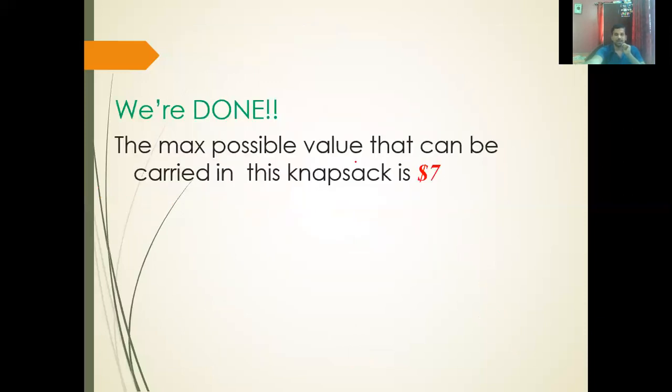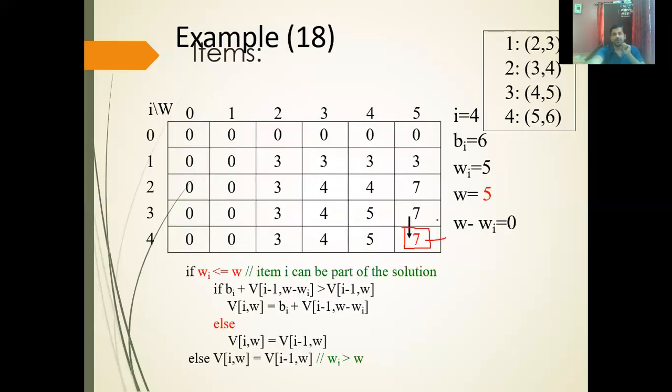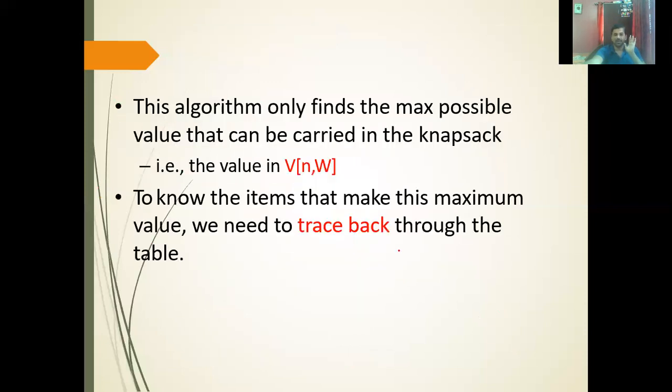See here. The maximum possible value that can be carried in this knapsack is 7. We got it in the last row, last column. If I consider 4 items and a capacity of 5, the maximum benefit or the maximum profit is going to be 7 here. But still we don't have the clarity about which particular items, if you insert, we get a maximum value of 7, right?